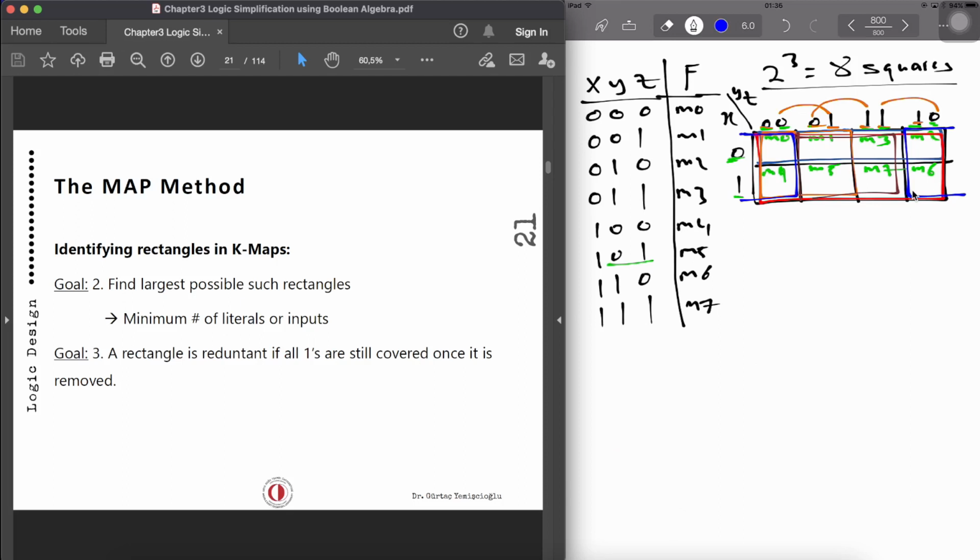So you can have the sides like that. In the end, it's formed like a rectangle when you combine that one and that one. So they are all acceptable.